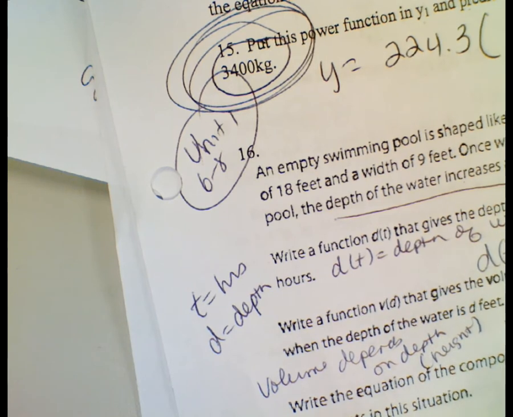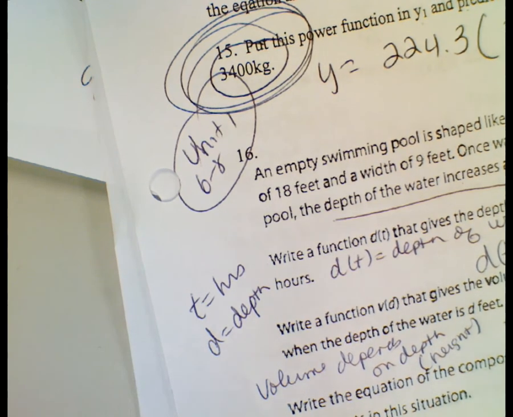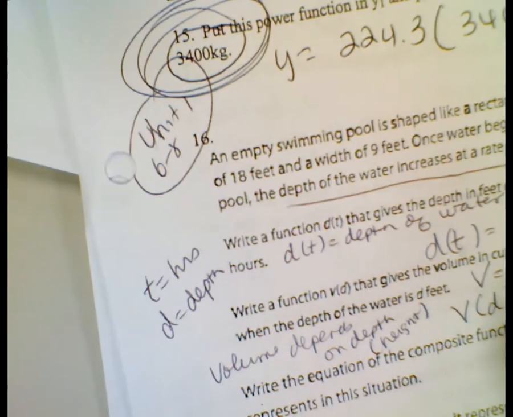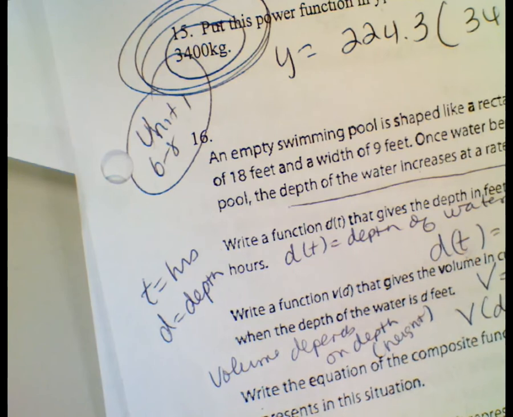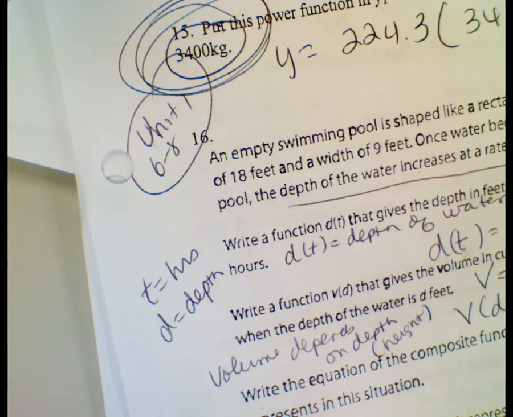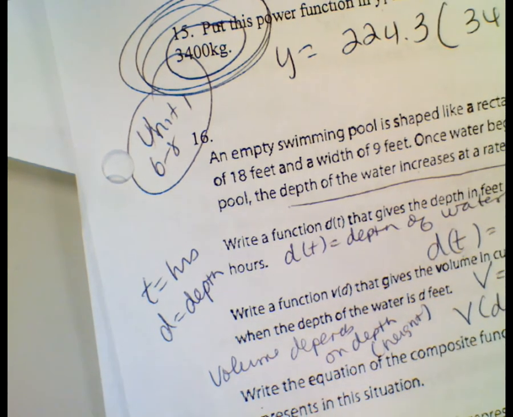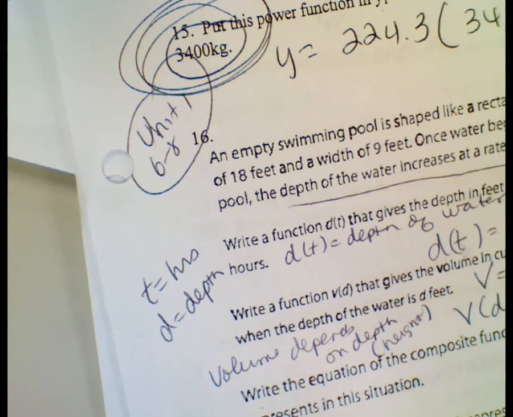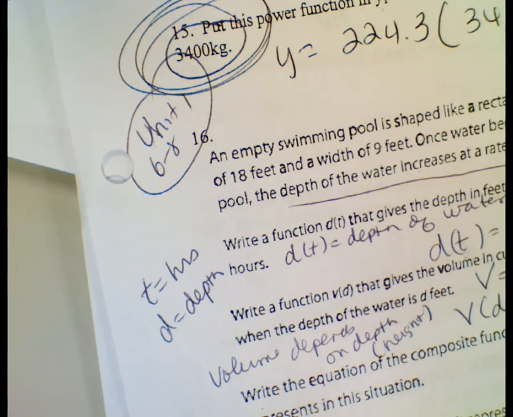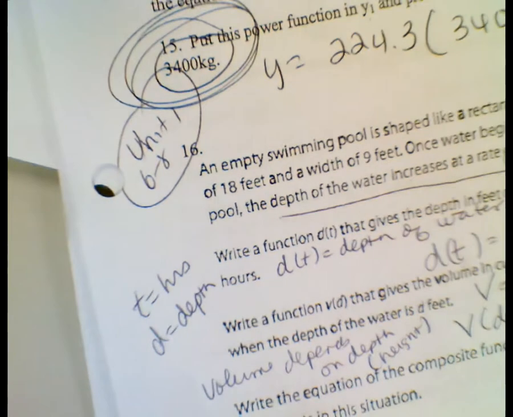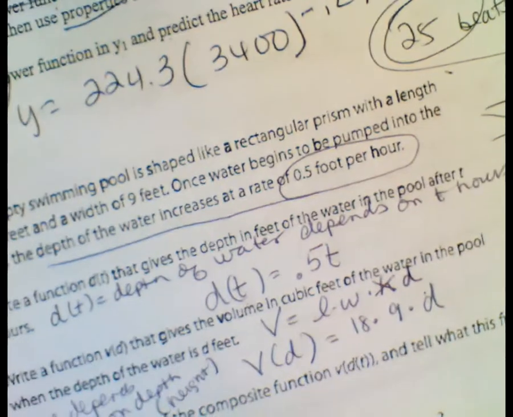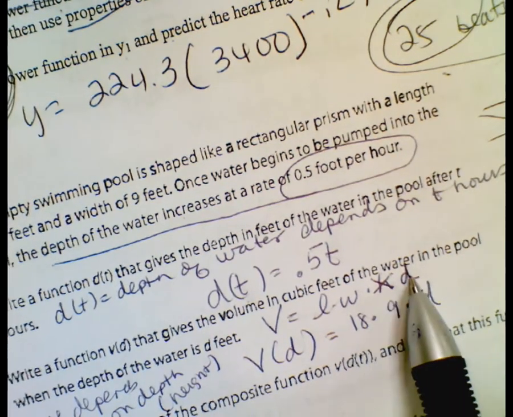So V of D. Volume is going to depend on, first of all, your length, which is 18, your width, which is 9, and your height, which we're not going to call H. We're going to use D for depth. Instead of using H for height, I'm using D for depth.